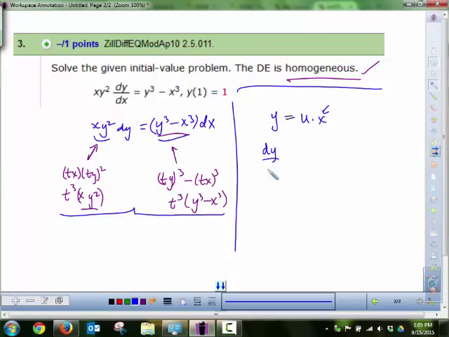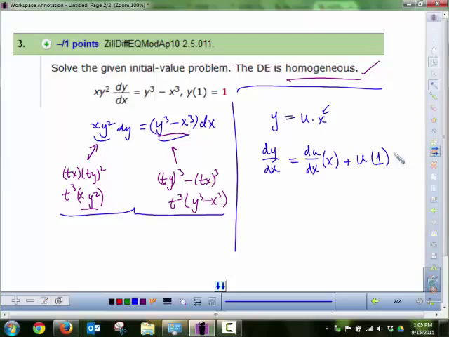So the derivative dy dx, we still have to use the product rule: derivative of the first times the second plus the first times the derivative of the second. The derivative of x is 1.